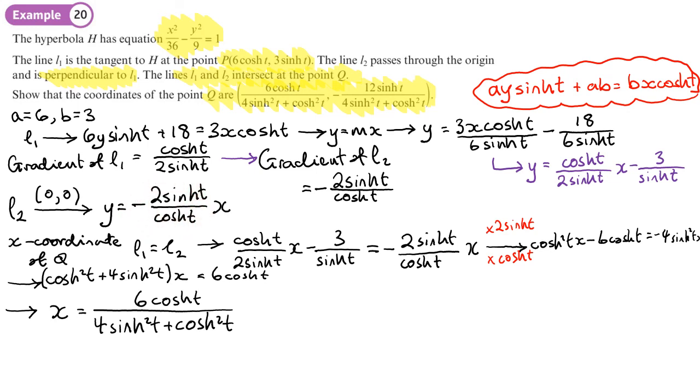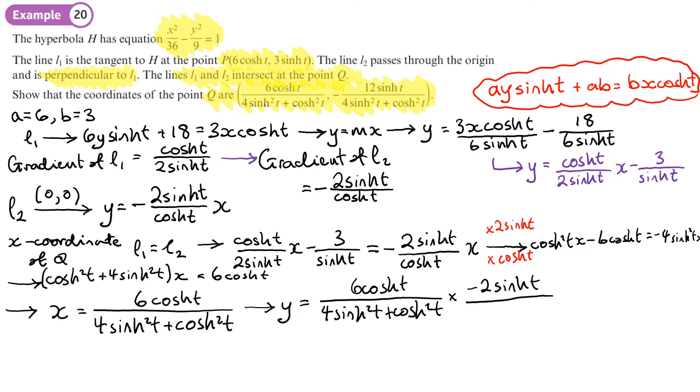So y equals the x coordinate, 6 cosh t over 4 sinh squared t plus cosh squared t, times this bit here, which is basically the gradient of L2, so times negative 2 sinh t over cosh t.